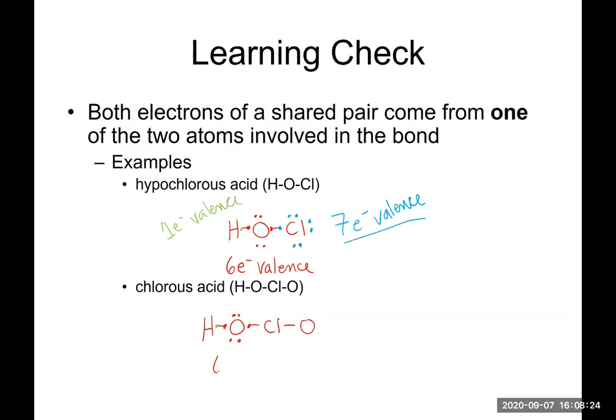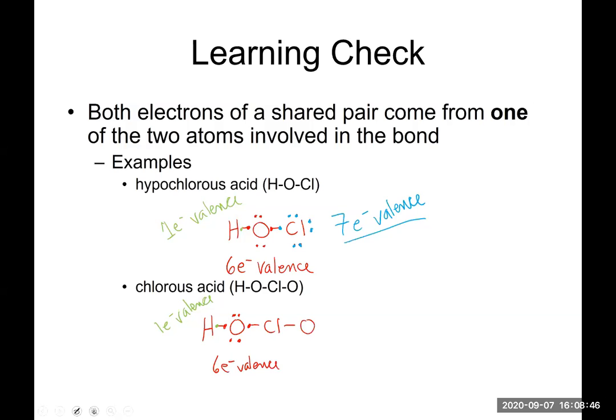So that is 6 electrons, which is the valence of oxygen, so that's fine. And this is 1 electron, which is the valence of hydrogen, so that's fine. The oxygen donated 1 electron, the hydrogen donated 1 electron.